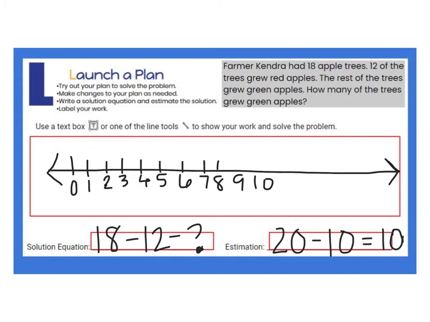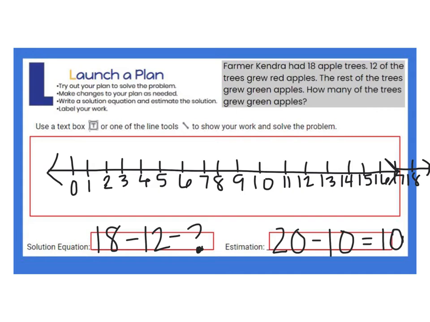So here we have a number line. I'm going to need to make it a little bit longer, sorry. Okay, so we're actually going to start our number line here at 18.